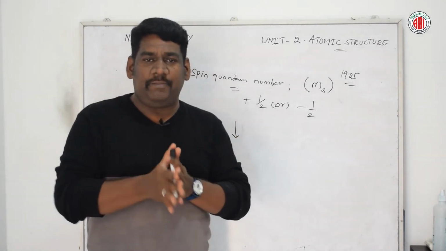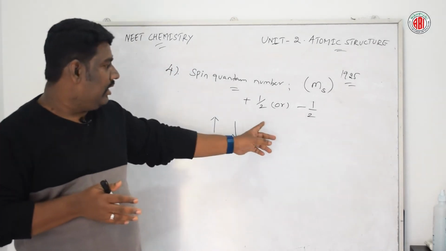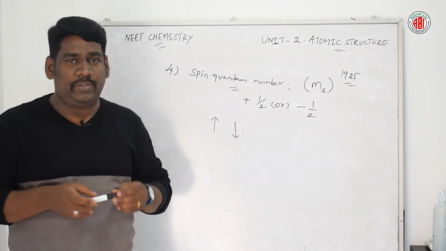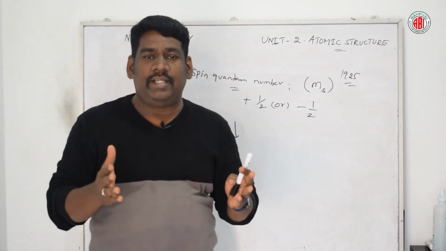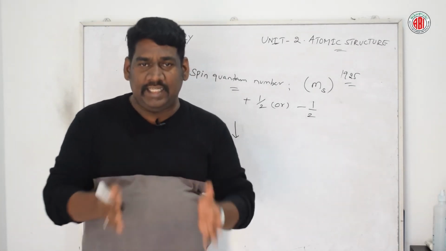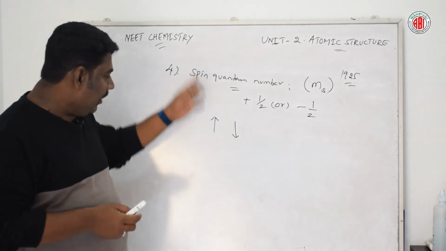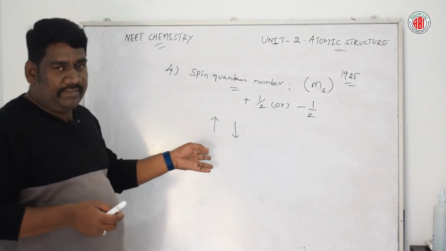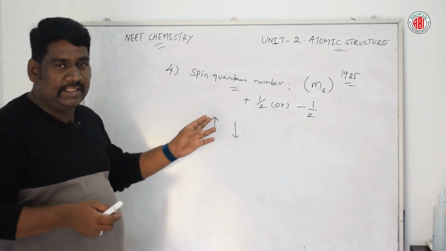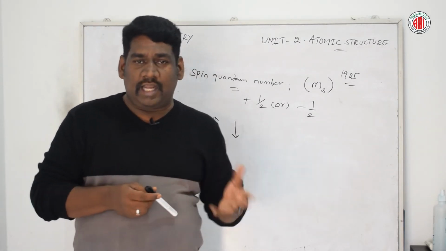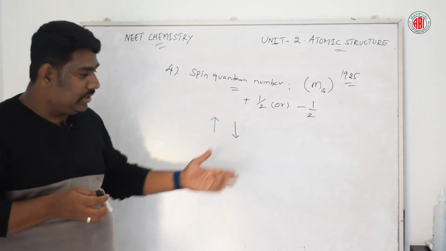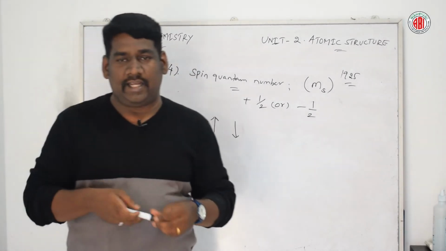Instead of giving the ms value of plus 1 by 2 or minus 1 by 2, the 2 orientations are designated by these arrow marks. The arrow pointing upwards is the electron spinning clockwise, and the other is the electron spinning anti-clockwise.